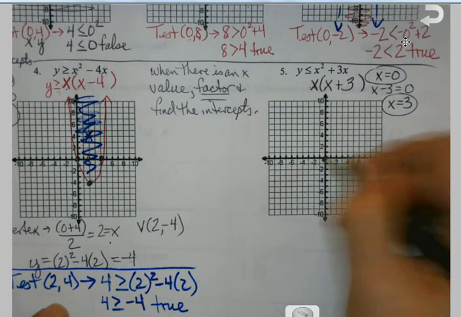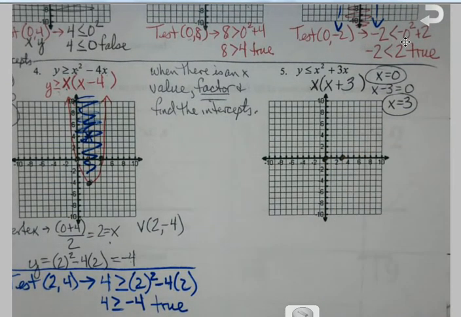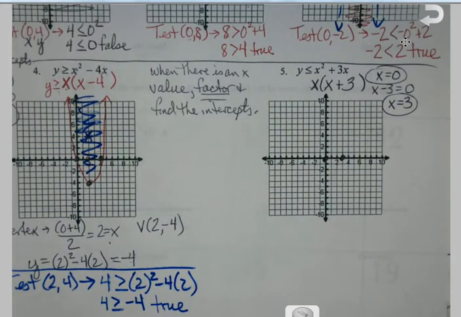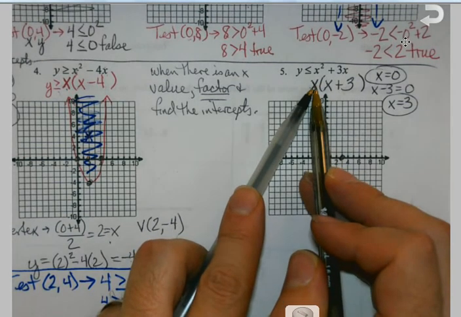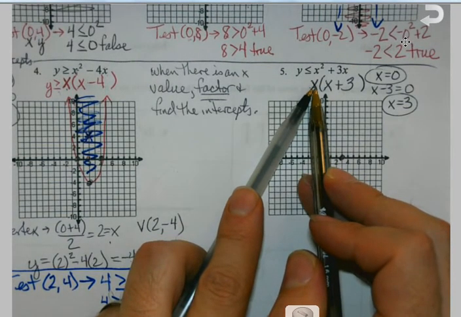Those are going to be 2 of my 3 points on the graph. Now here's the one that's not quite so fun. I'm taking each portion of this that has an x and setting them equal to 0, because that's how I can find my zeros or my intercepts.